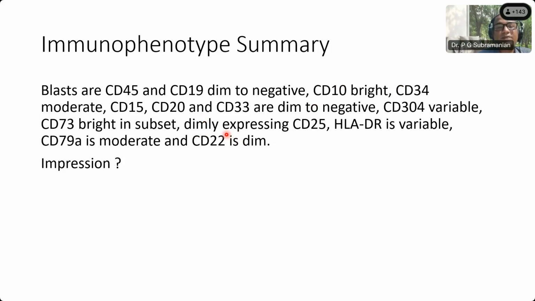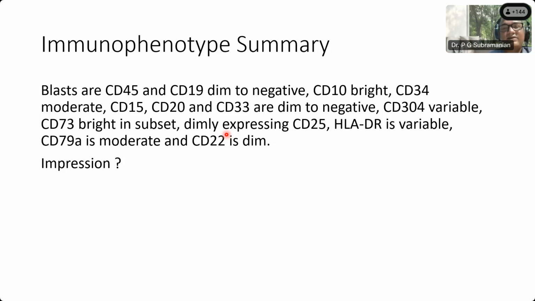Because in the previous case, we didn't put 22, whereas in this case, we have put 22. Only acute leukemia with blast showing both. If 22 was not there, would it meet the criteria for B-ALL? Yes, sir. Still, because our MPO is negative here, so we are ruling MPO out.